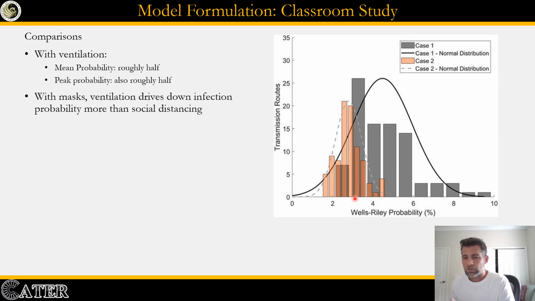So again, we were saying social distancing, if we come back up here, or if we went to the other plot, the reduction in transmission probability was very minimal, even going all the way out to 15 and 20 feet. It might have been on average 20% less.